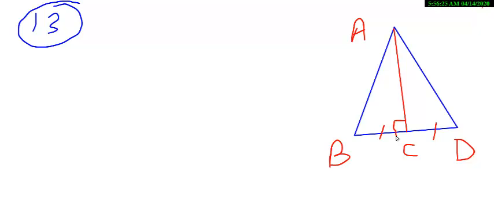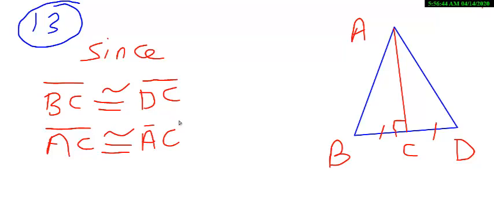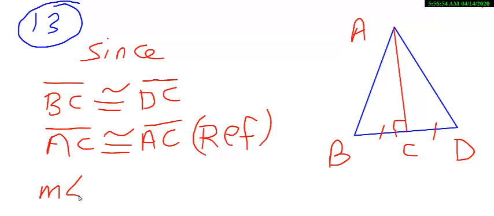So here, since BC is congruent to DC, given, and AC is congruent to AC by the reflexive property, then to complete the SAS, the measure of angle ACB should equal the measure of angle ACD.